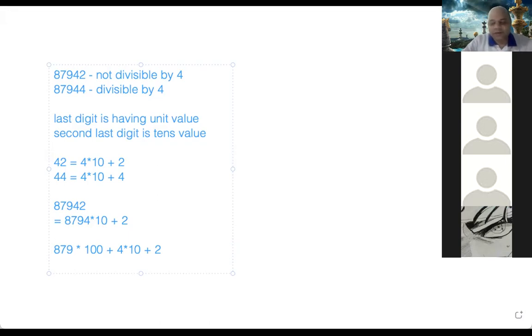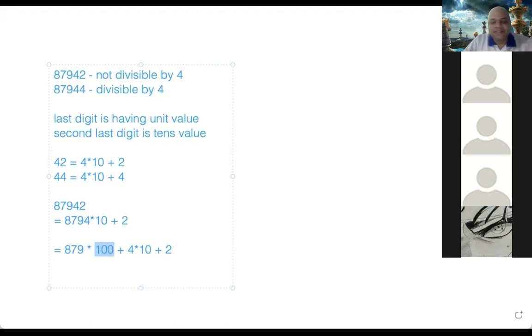This is also equal to 879 into 100 plus 4 into 10 plus 2. Now you don't have to go beyond this, because any number multiplied by 100 will be some multiple of 100, like 100, 200, 300, 400, and 100 itself is divisible by 4.